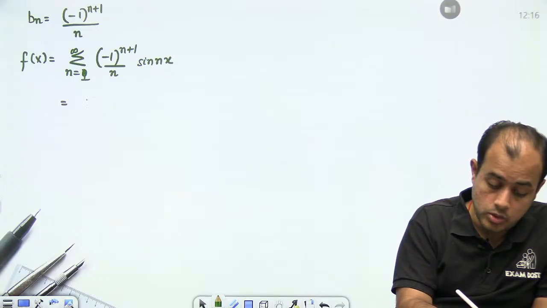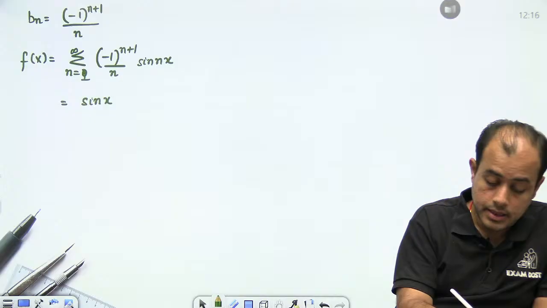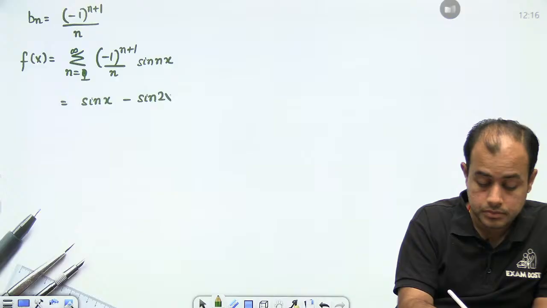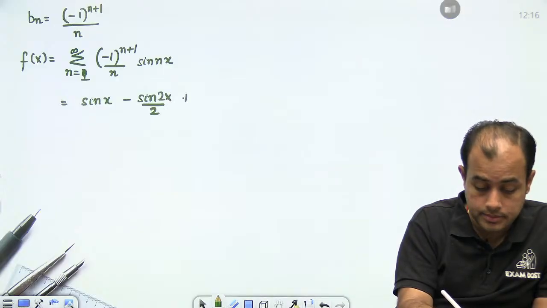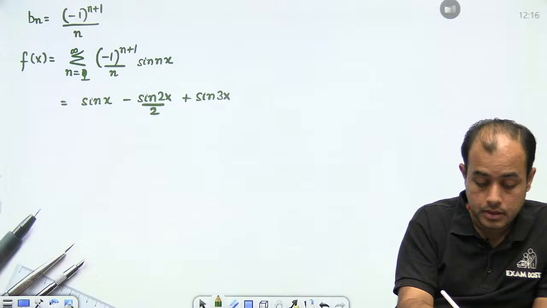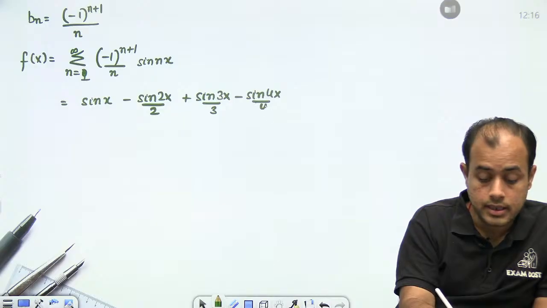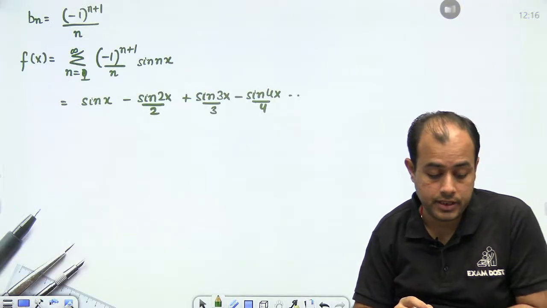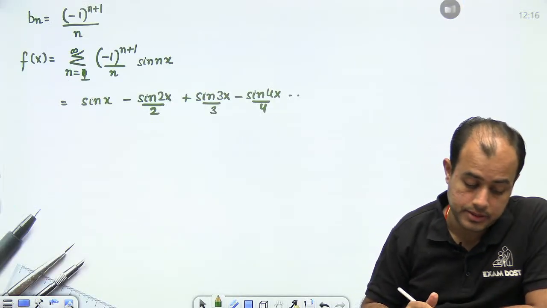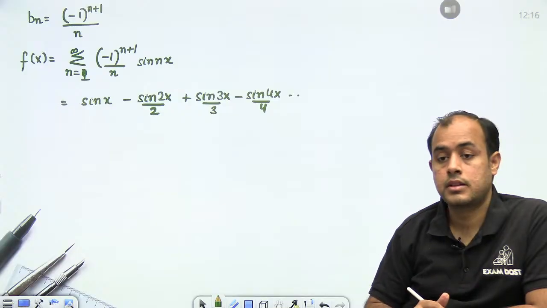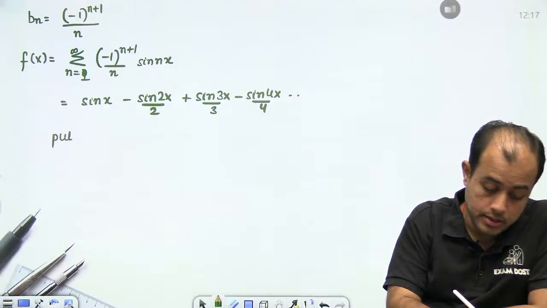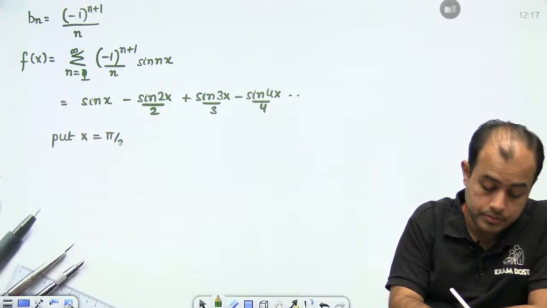So if we keep n equal to 1, n equal to 2, n equal to 3, like this. Now what I need is only the odd terms 1, 3, 5, 7. So for odd terms what we can do is put x equal to pi by 2.